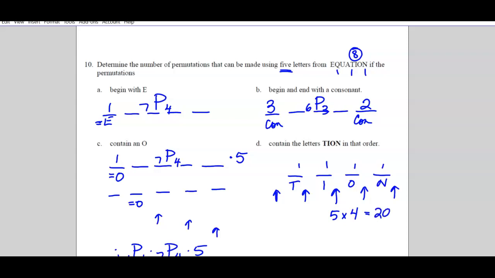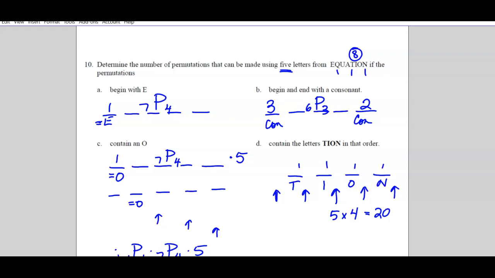So this one, you can actually think about it case by case. Because it's only one letter that we have to fill in to get a 5-letter arrangement. Right? You can do this a long way if you need to.